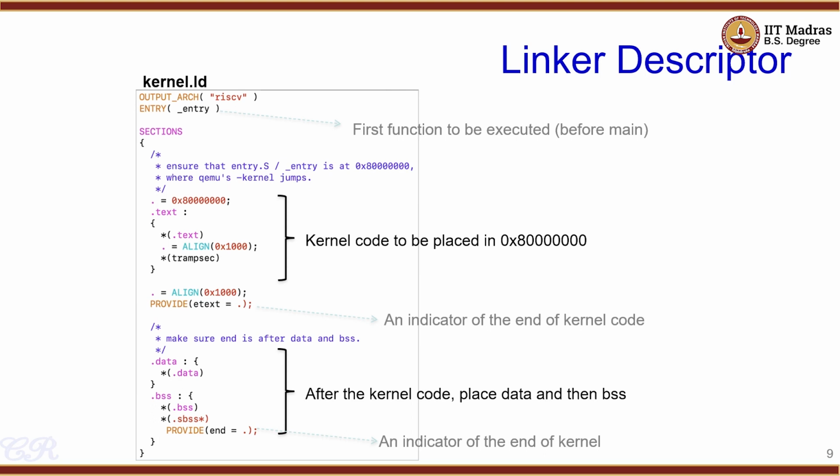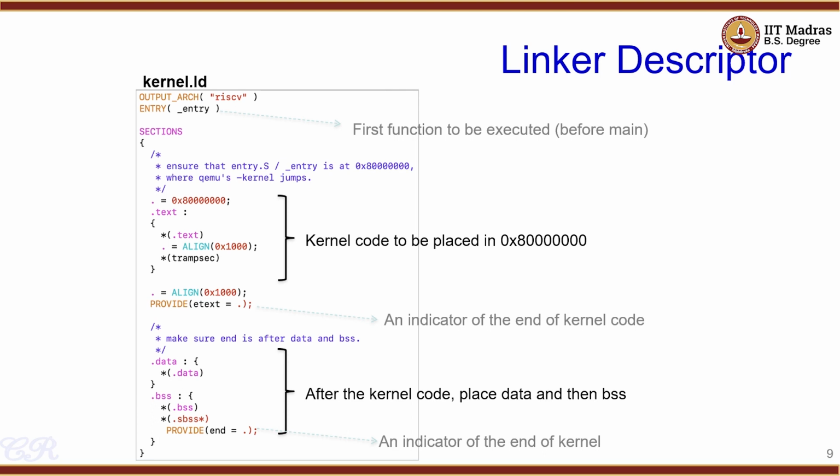So etext stands for an address where the kernel code actually ends. Similarly, end stands for an address where the kernel code as well as the data and the BSS part actually end.